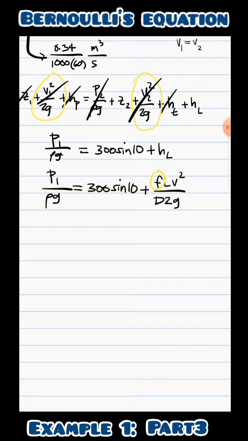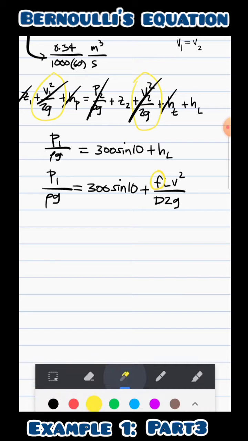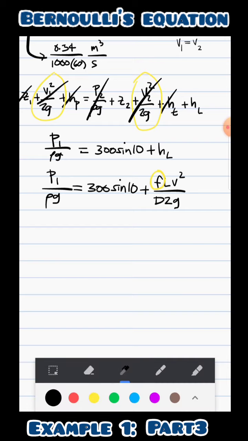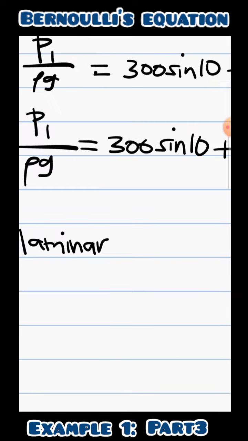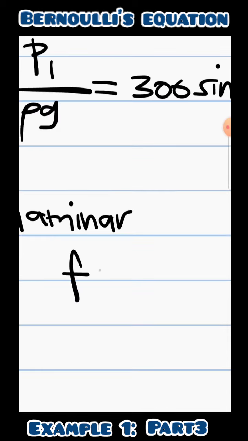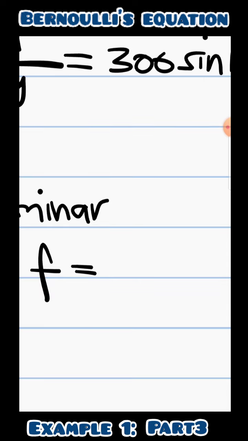And it depends on the flow: if the flow is laminar, then we can basically find F by just dividing 64 over the Reynolds number.